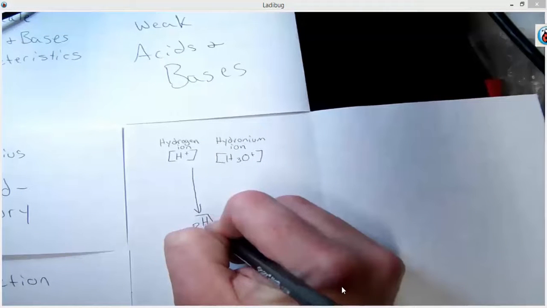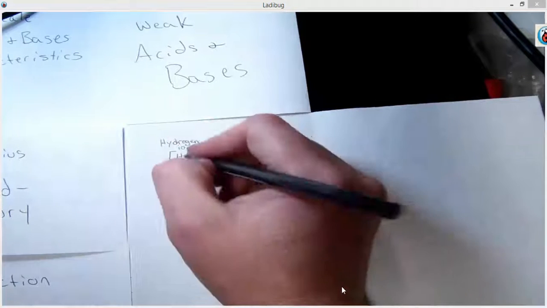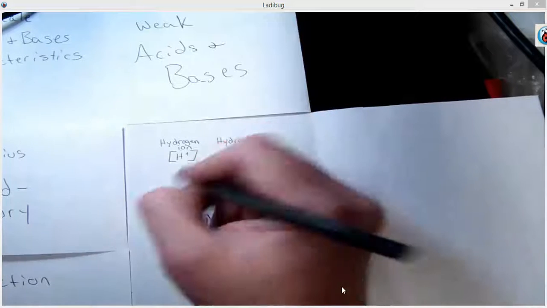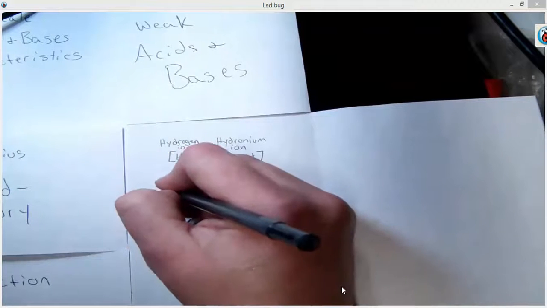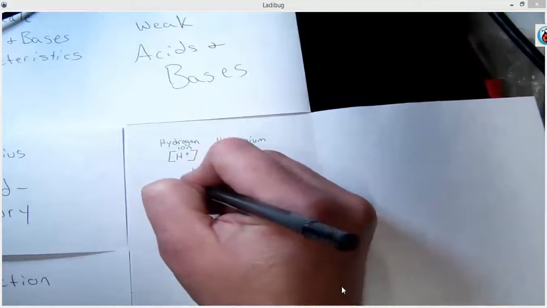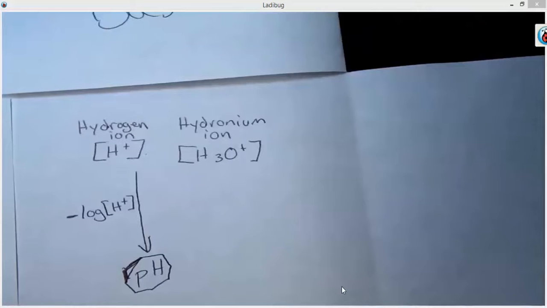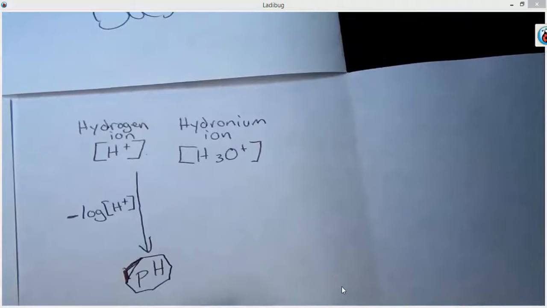We're trying to figure out what our pH is. So we are stopping at pH. That's our goal. So if we're given the concentration of hydrogen ions, all we're going to do is put in the calculator negative log and then the concentration of hydrogen ions. So one step, easy peasy.